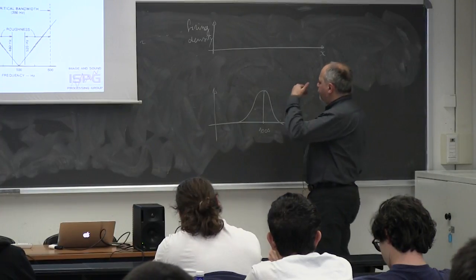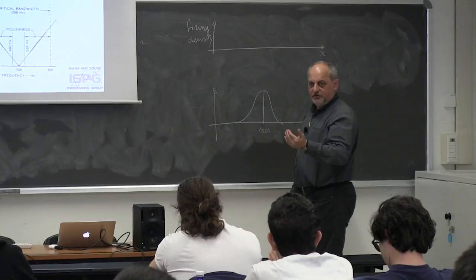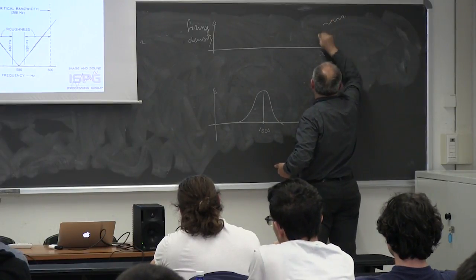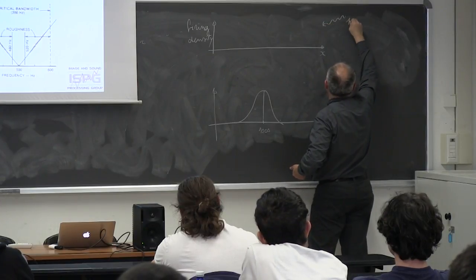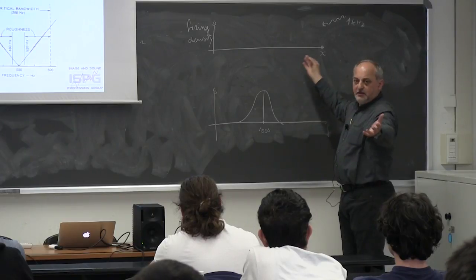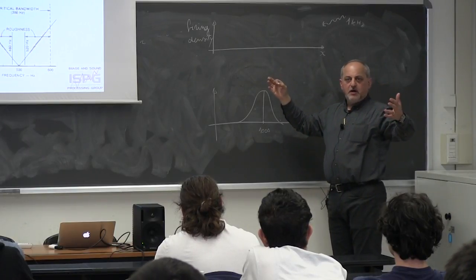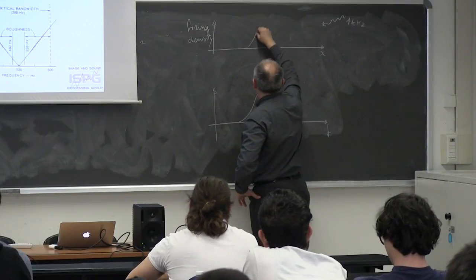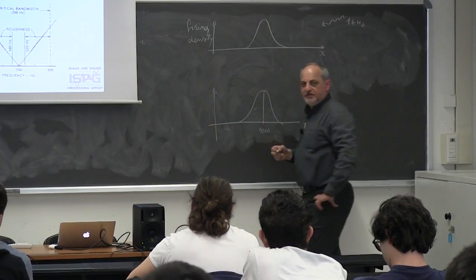So if I now produce a tone at 1,000 hertz, so I'm generating on the basilar membrane a tone at 1 kilohertz, what will happen to the firing density? Well, it will take a similar shape, though the meaning will be kind of different.